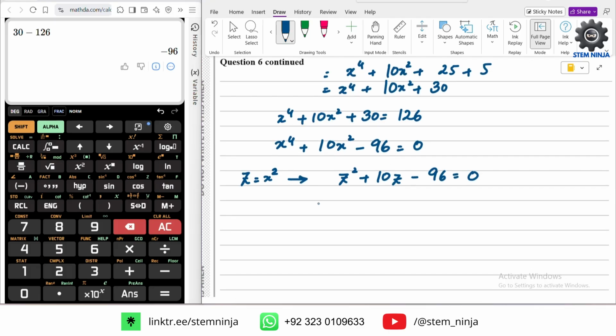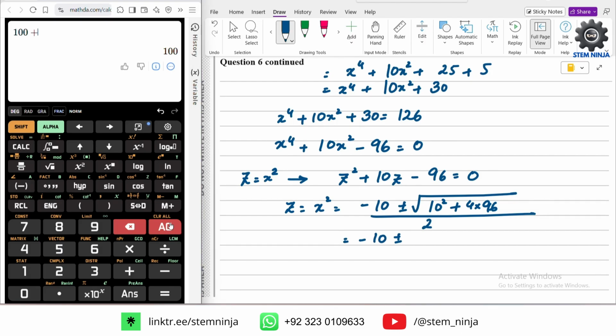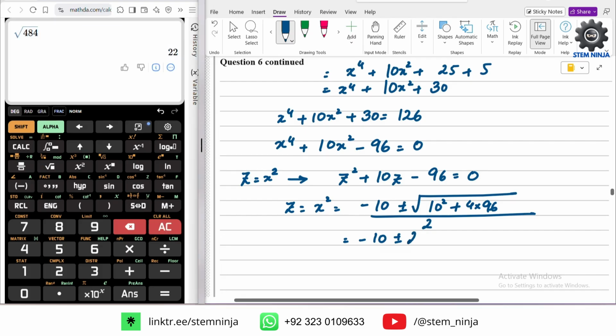Right, so x squared or z can be written as minus b plus or minus square root of b squared minus 4ac, which is 4 times 96, divided by 2. So minus 10 plus or minus square root of 100 plus 4 times 96, that is 484. Square root of 484 is 22, divided by 2.